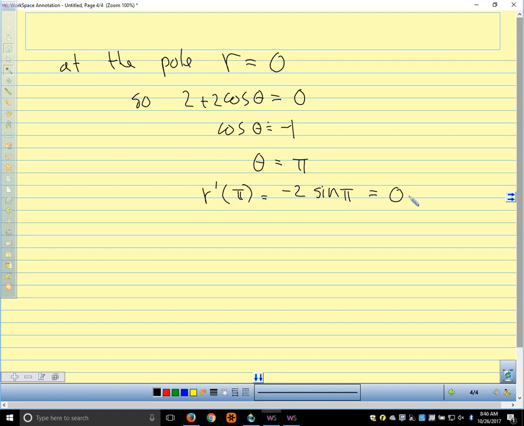So we get no tangent line at the pole because both are 0. If r prime of pi had turned out not to be 0, then theta equals pi would be our tangent line at the pole. So we saw that cusp at the pole.